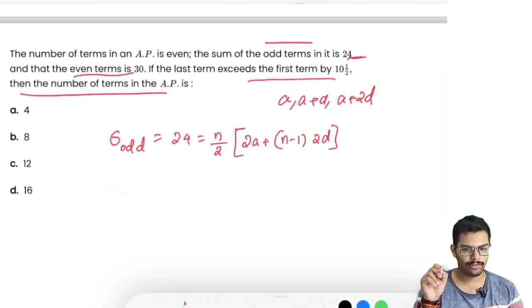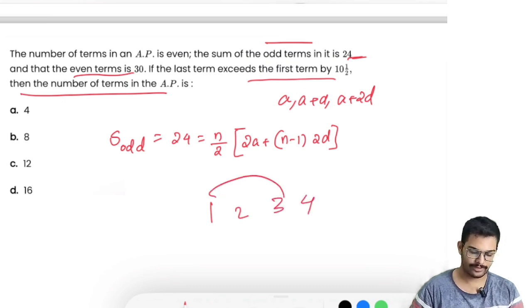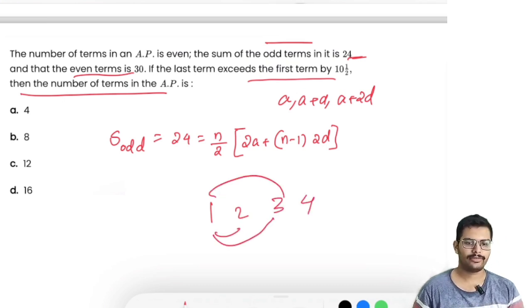We are only adding the odd terms, alternately one after the other, so we need to add 2 times d to get the next odd term.